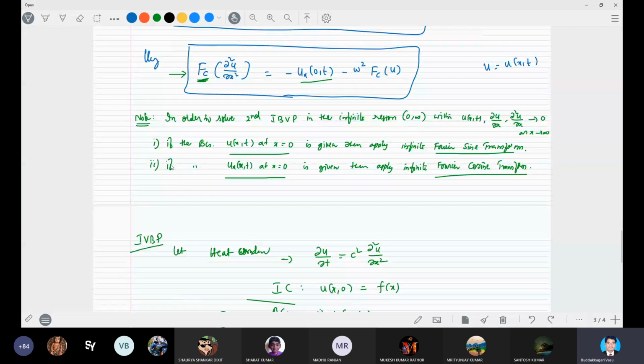In the same way, if it is in the finite region, you can take the suitable finite Fourier sine and cosine transforms, right?